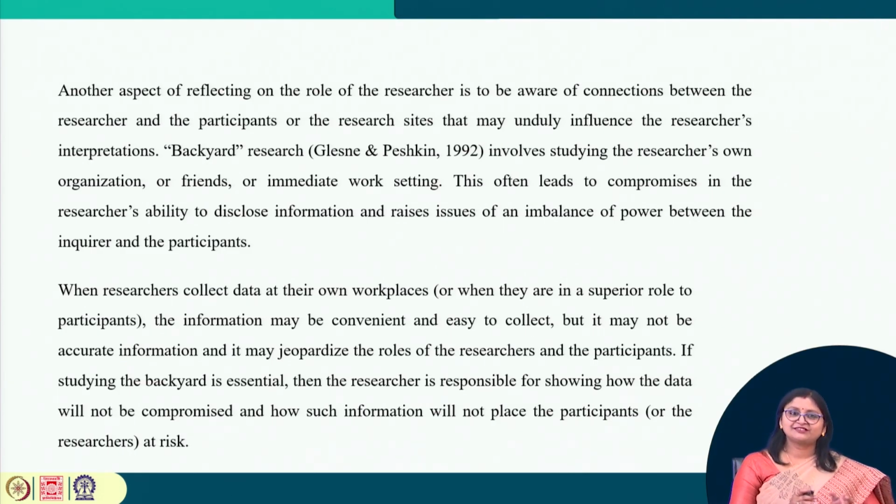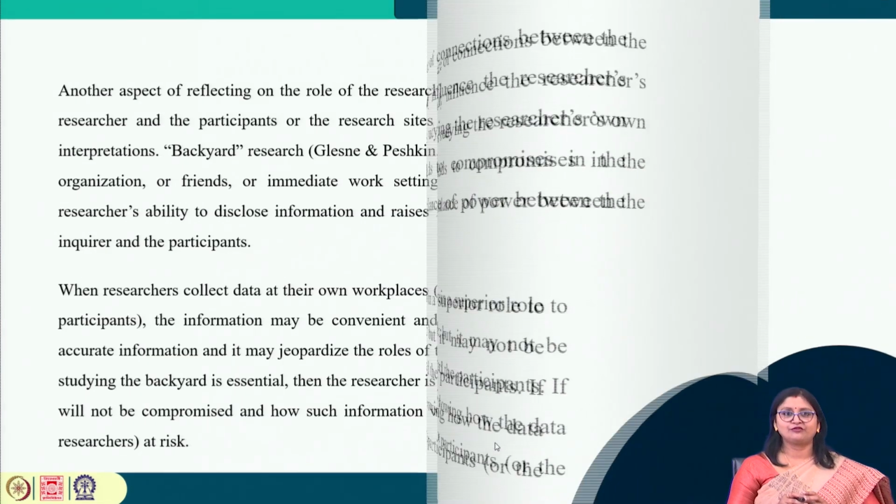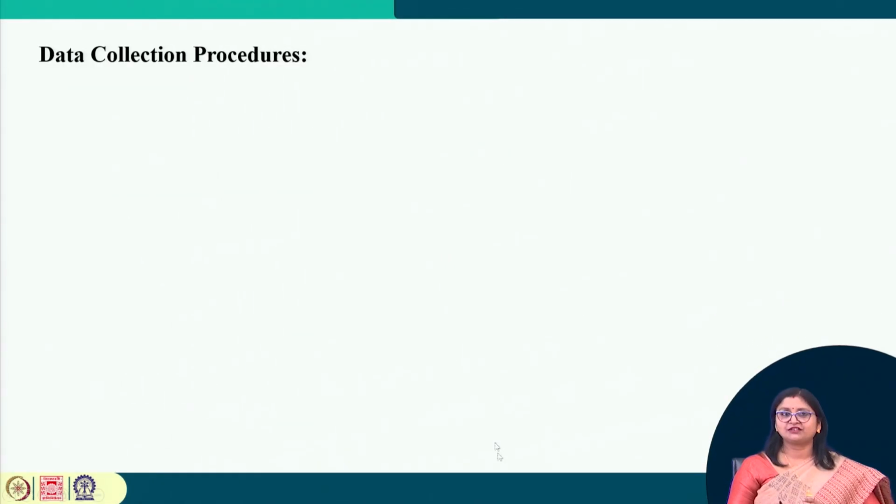If studying the backyard is essential, then the researcher is responsible for showing how the data will not be compromised and how such information will not place the participants or the researchers at risk. So, this backyard research is very important, where the researcher has to be cautious about this kind of scenario.